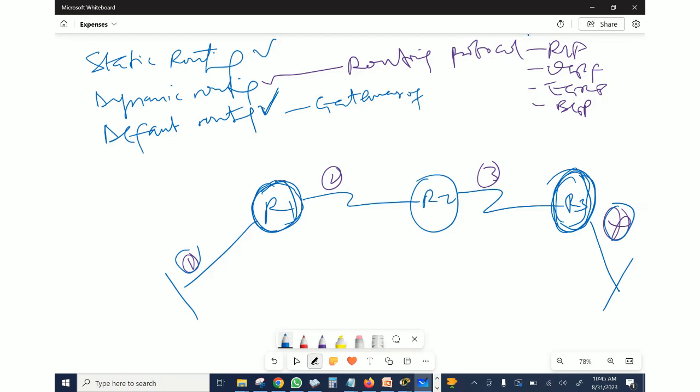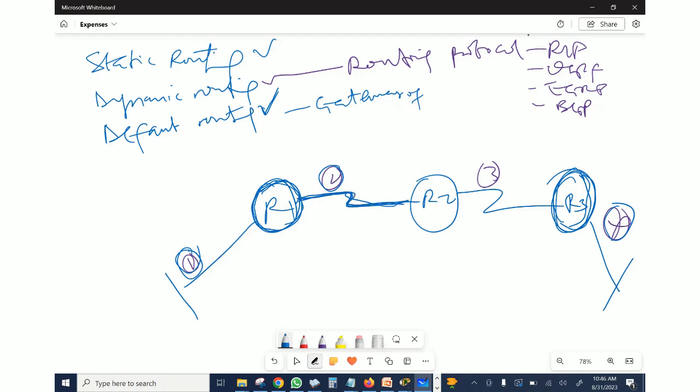I can say, router 1, if anybody comes to you asking for anything outside network 1 and 2, because I know that you only know about 1 and 2, send the traffic to this interface or this network.